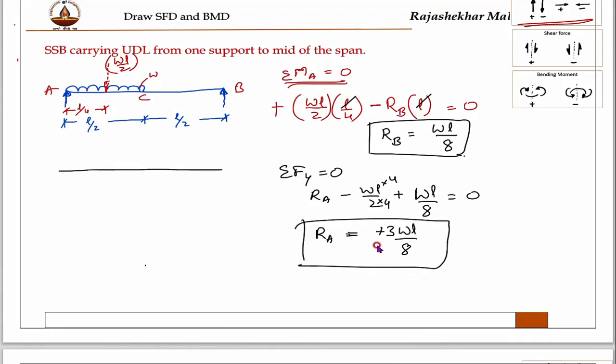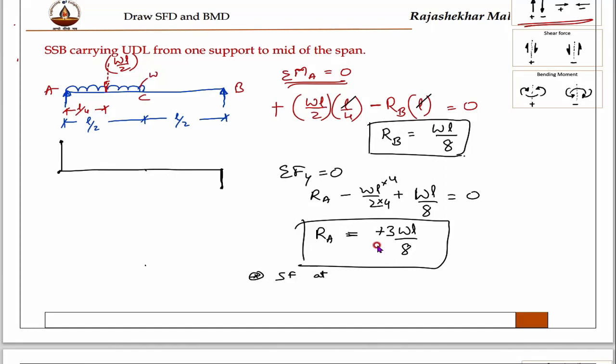From this you can draw shear force diagram. At this point 0, and RA is 3 WL by 8, therefore something bigger here, 3 WL by 8. Now at RB you have WL by 8, that WL by 8 is something like this. Wherever there is a point load, if I take shear force at this point, then what happens? Only important points I am taking.